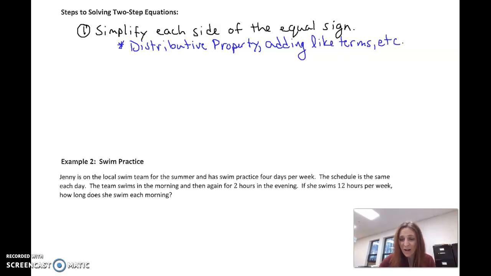Etc., etc. Okay, and we'll practice that. Then we have step number 2. And again, guys, if you're not done writing down step number 1, pause it. It's okay. All right, step number 2, we're going to solve for the variable term first.